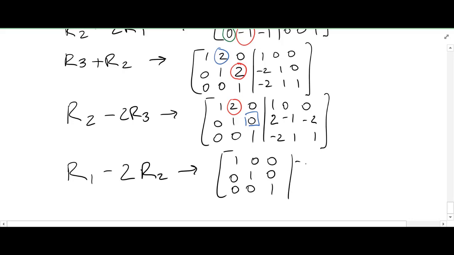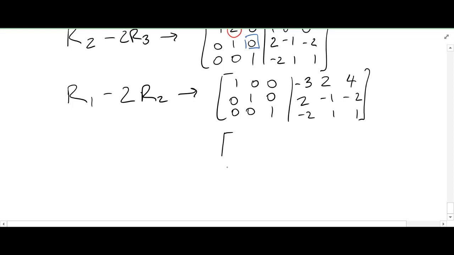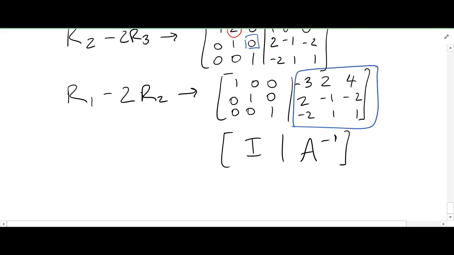You get a 2 here and a 4 there. And so we've gotten this into identity augmented with A inverse. So that means that this guy is A inverse. That's the inverse matrix.